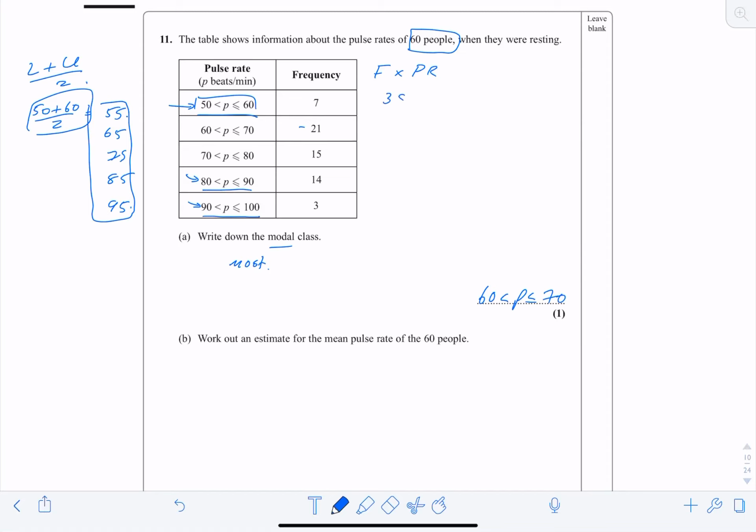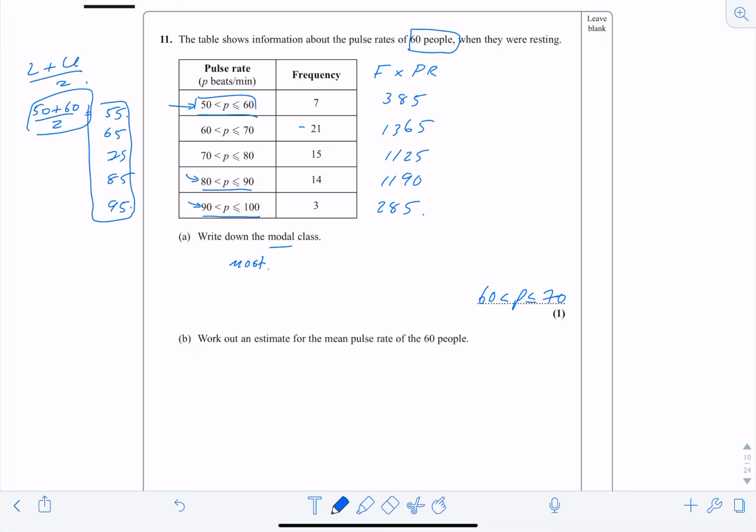So that's 385. And next is going to be 21 times 65, which is 1,365. 75 times 15 is 1125. 85 times 14 is 1190. And 95 times 3 is 285.